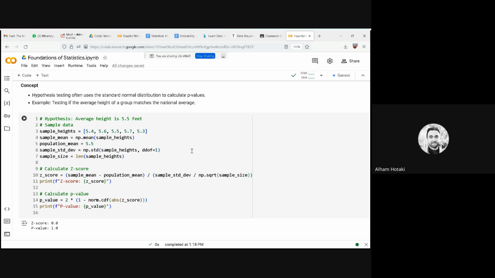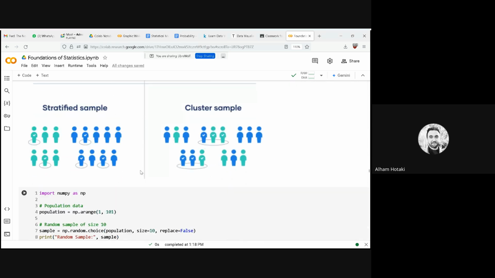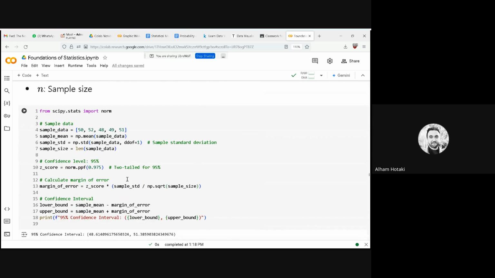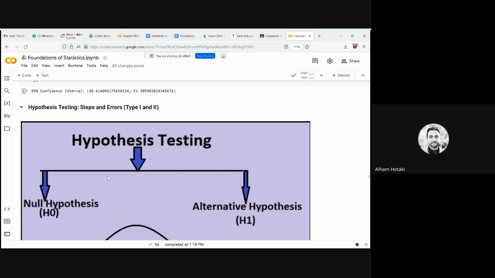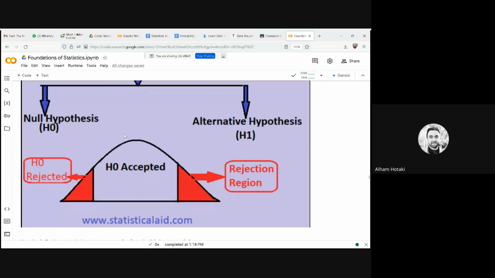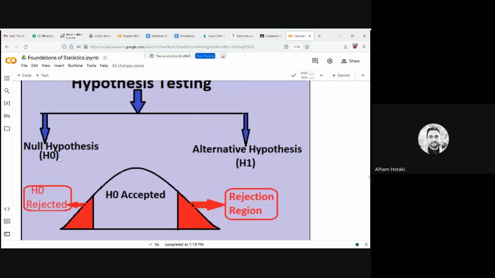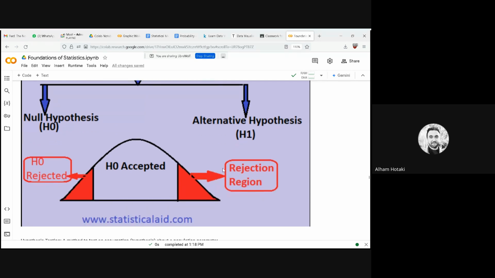So this is, for example, hypothesis testing. This is the null hypothesis, and this is the alternative hypothesis. This is how testing is done.